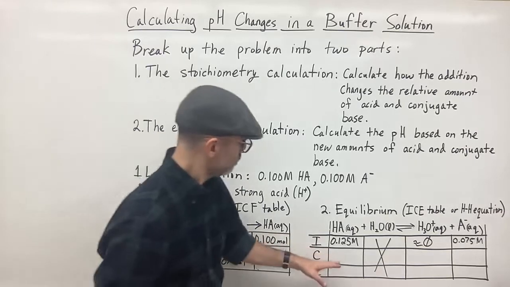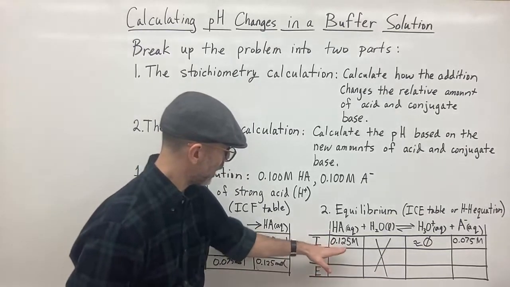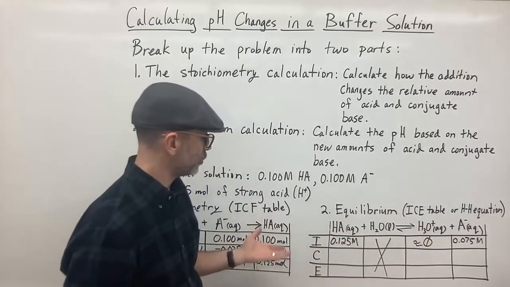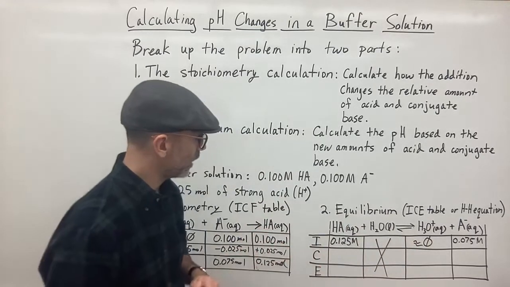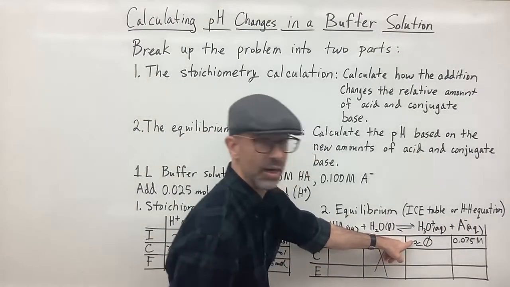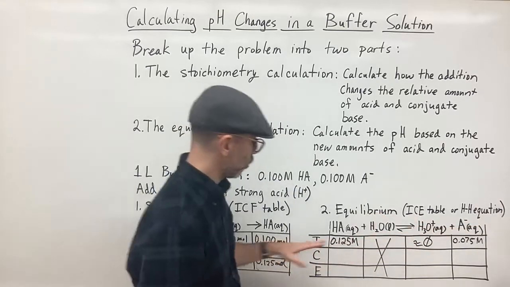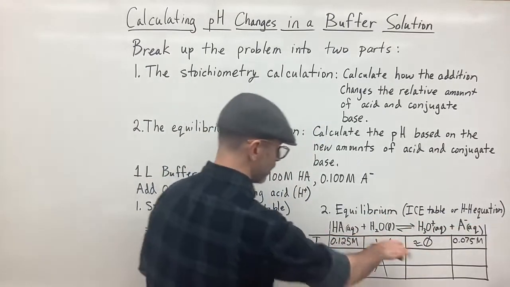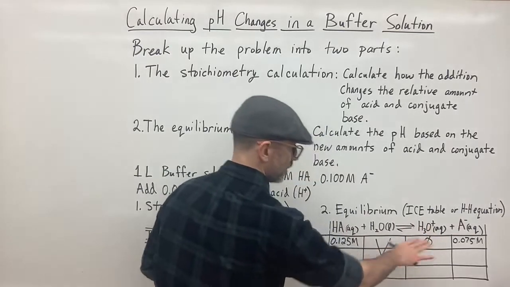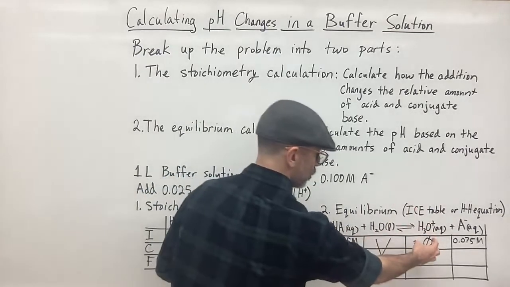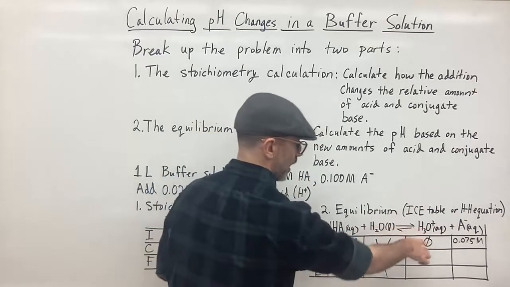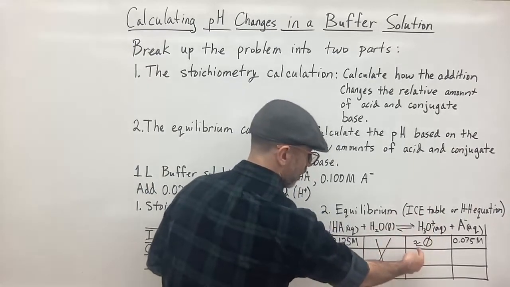So here I have my initial conditions, and then I'm just going to do my ICE table. Since I have 0 here, I can assume that it's going to go in this direction, because again, Le Chatelier's principle, I have 0 here. It's going to want to go in here to create product there.